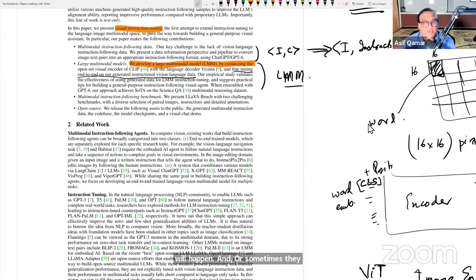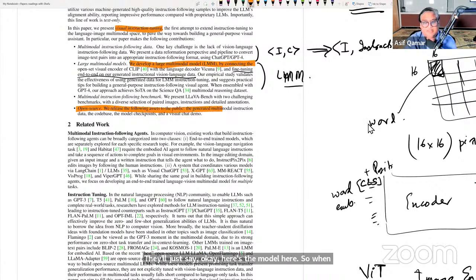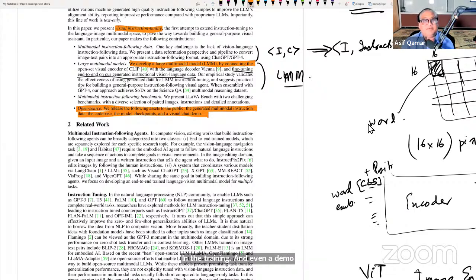They'll just say, okay, here's the model, here are the weights. So when you see a paper that says we are releasing everything, the data, the code base, the model checkpoints, the training, and even a demo that you can play with and see the effectiveness of, that is something really worth applauding in research. So I like that. It's something worth going into.